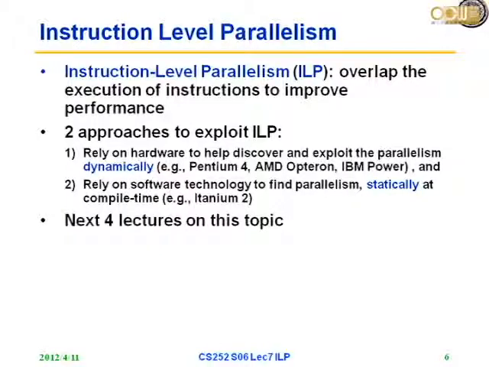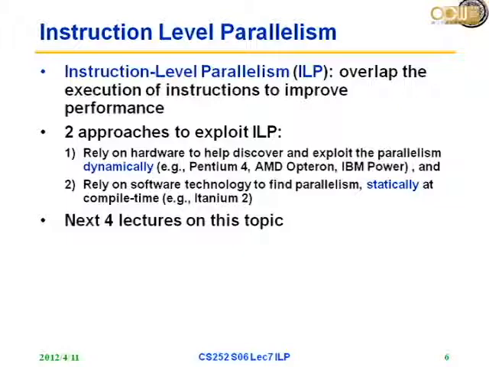Instruction level parallelism means overlapping the execution of instructions. When I say instructions, are these instructions dependent on each other? The answer could be yes or could be no. Instruction level parallelism can be utilized in two different forms.